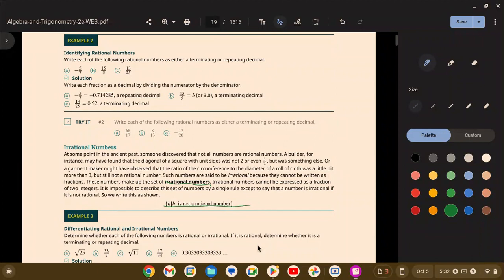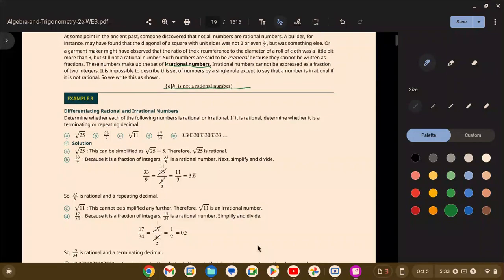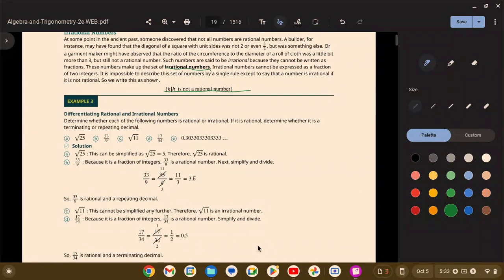Root 11, I would assume that's irrational. 17 over 34, that's 1/2. That's terminating. And then that's repeating, it looks like. Let's see. Oh, sorry. Rational. I guess I forgot to talk about rationality.